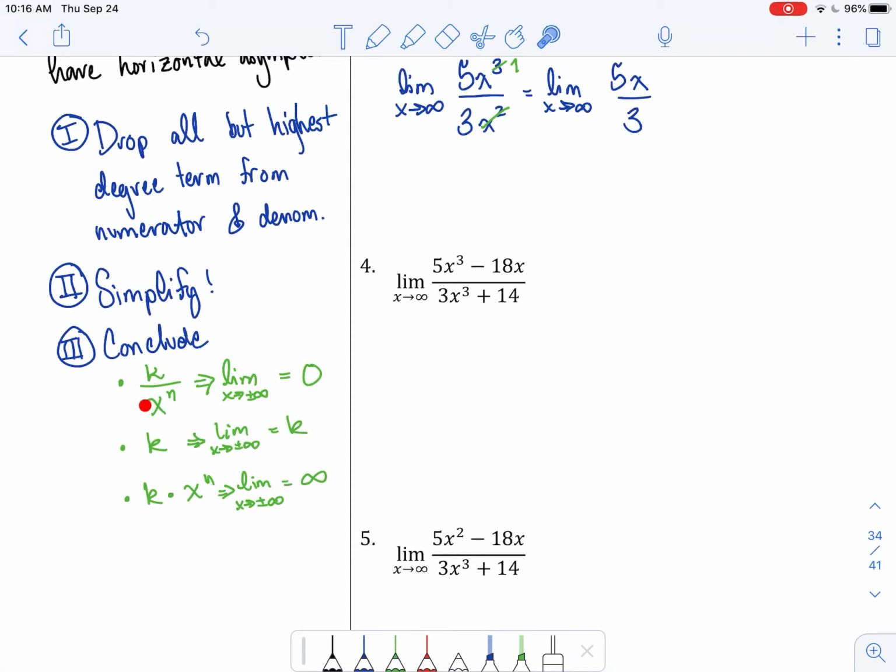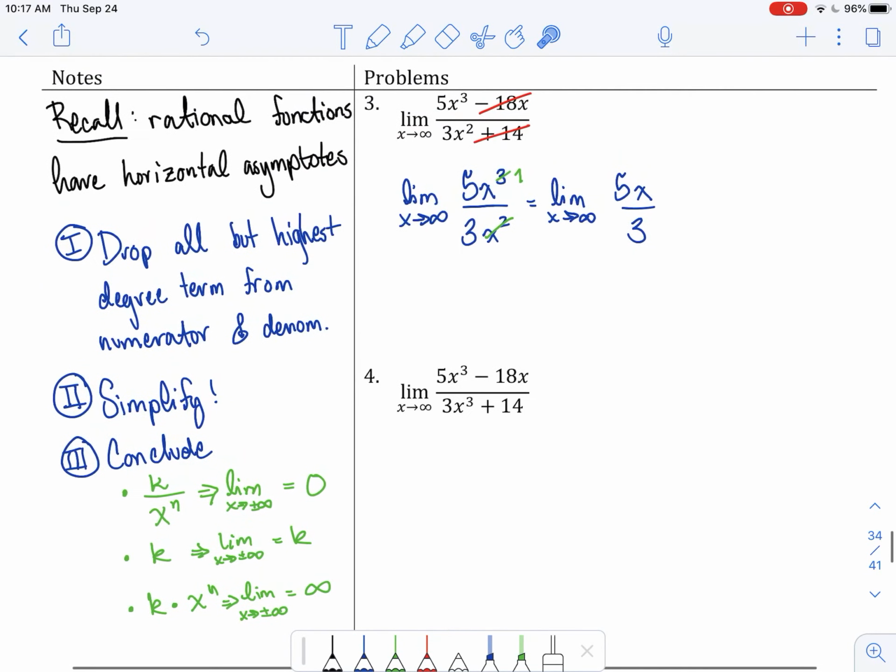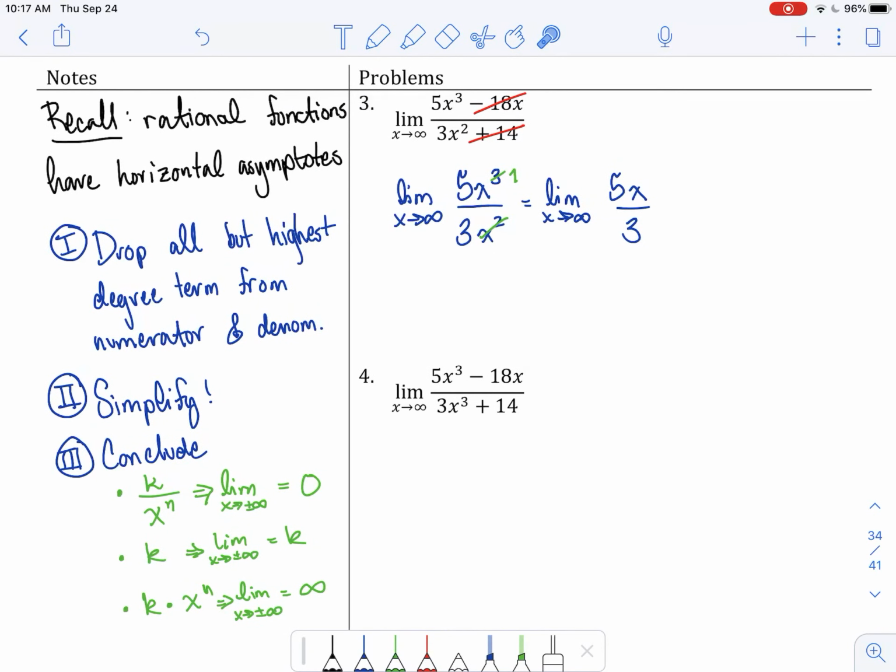If we're dividing by a really big number in the denominator, that means we're going to get close to 0. Here, x isn't being affected at all because it's not there anymore. It all canceled out. And multiplying by infinity is going to give us infinity. So it's one of those nice places in math where it all kind of makes sense logically how it works out.